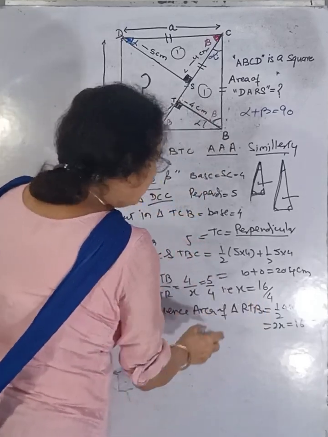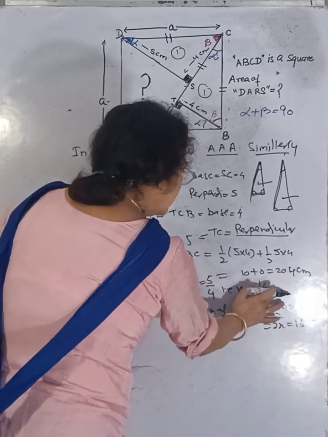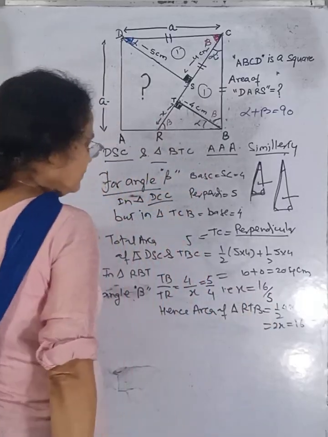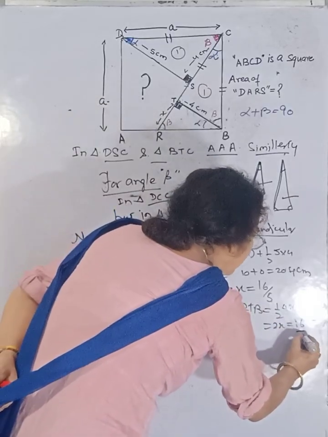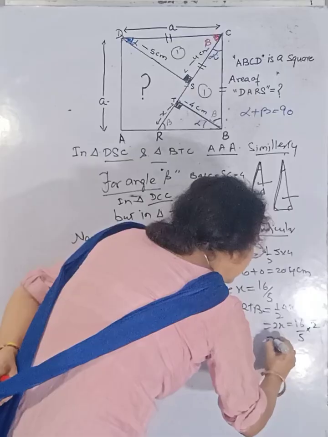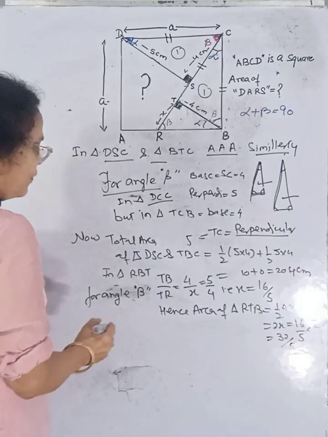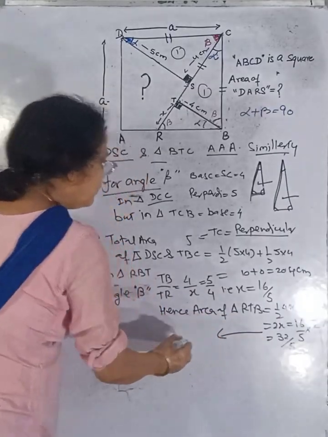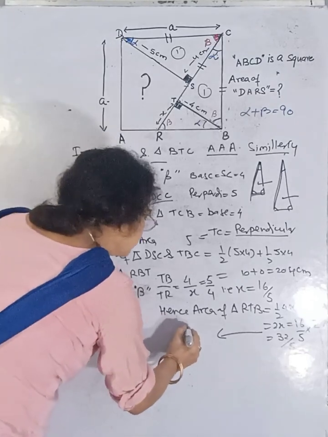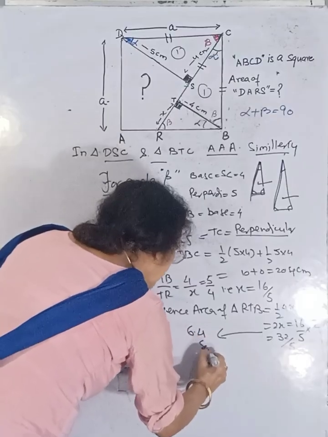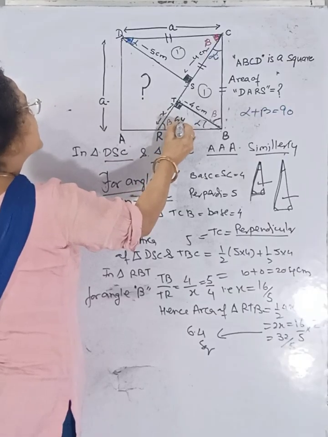Sorry, x is equal to 16 by 5. So area is 2x, that is 16 upon 5 into 2, that is 32 upon 5. This will be approximately 6.4. It means this area is equal to 6.4 square cm.